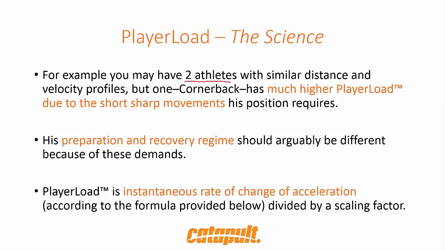This could be due to him taking a larger number of reps, or having a higher intensity coming into each rep than the other cornerback. That's where we would dive a little bit deeper, but essentially what it's showing here is, hey, if I have a guy who's got similar distance, but one's got a much higher player load, well, something's going on here, and that something is those short, sharp movements, and that's essentially what player load is able to pick up in the accumulation of that.